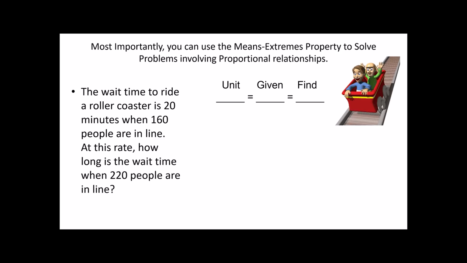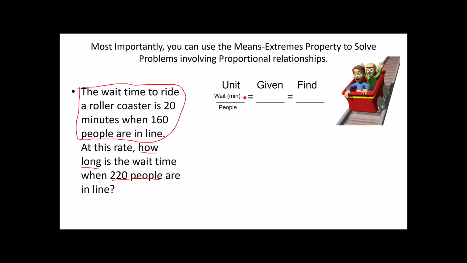The wait time to ride a roller coaster is 20 minutes when 160 people are in line. Notice we're comparing the amount of time to the number of people. At this rate, how long? They are asking me to figure out the time when there are 220 people.